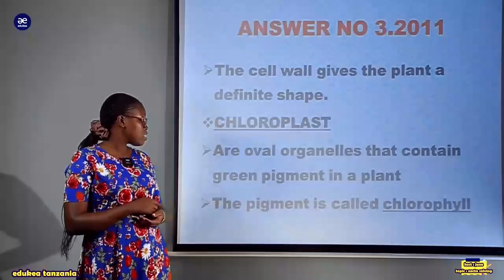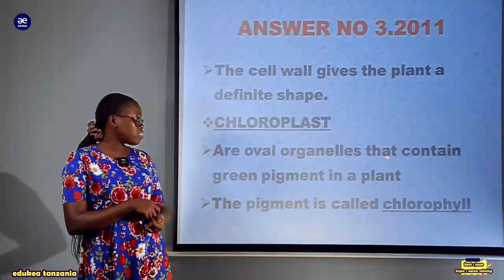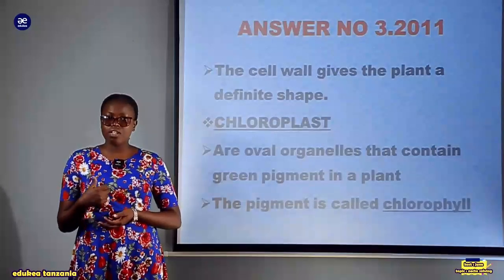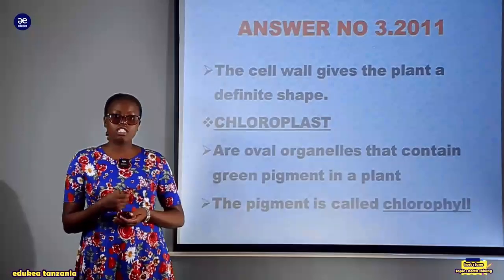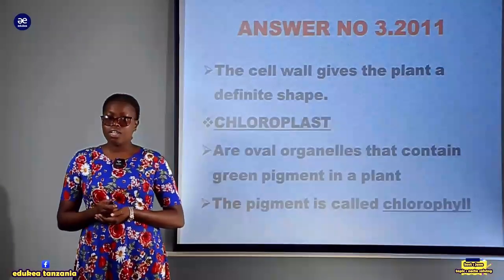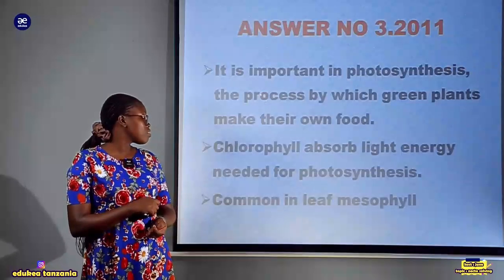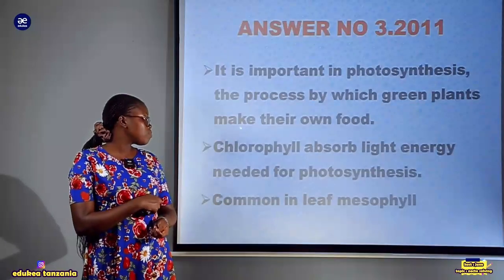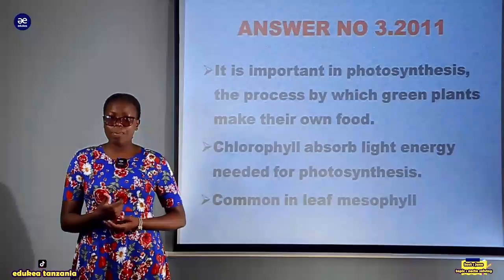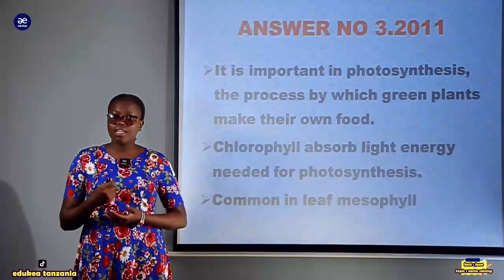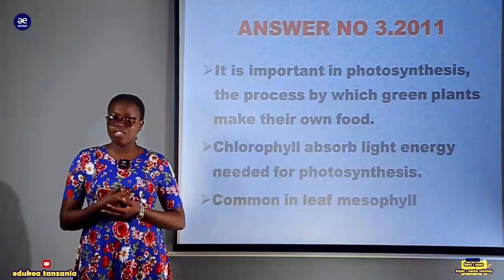So the chloroplasts are organelles that contain the green pigment in a plant, and that green pigment is called chlorophyll. It is found within the leaf, or the greenish area of the leaf. So it is important in photosynthesis, the process by which green plants make their own food. The chlorophyll is important for the absorption of sunlight for the photosynthesis process.